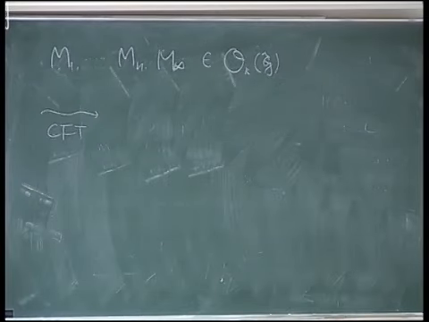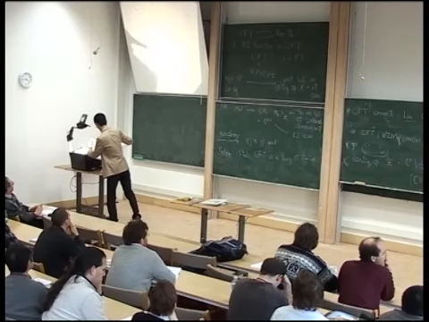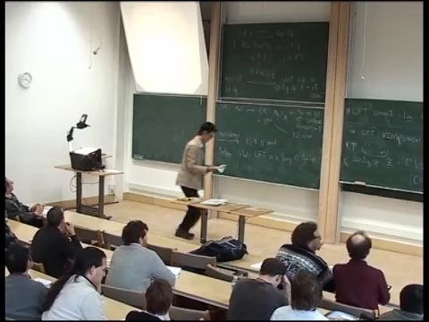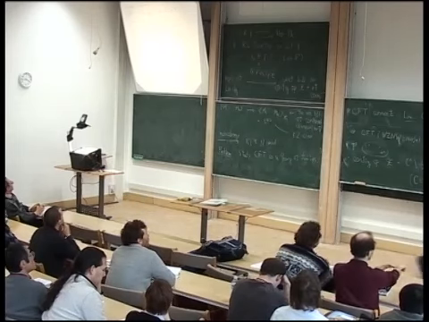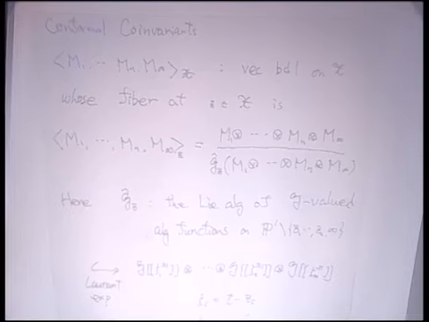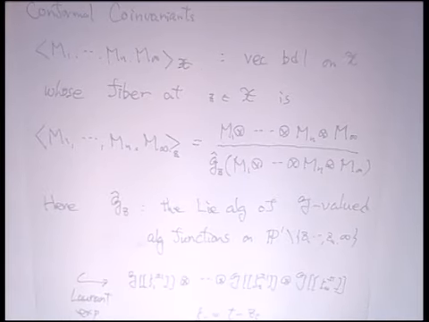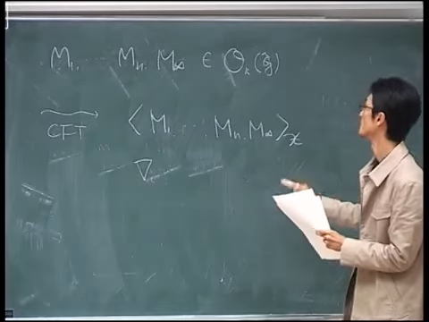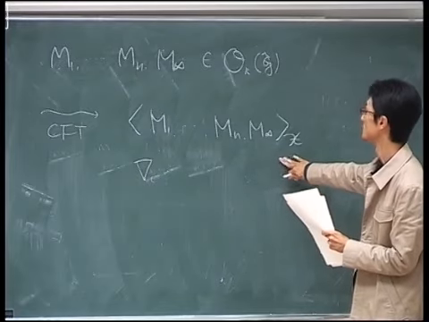I will not explain this. I prepared some material, but I have no time to explain what a vector bundle is in general and what a connection, KZ, is. So I skip the precise definition of them.